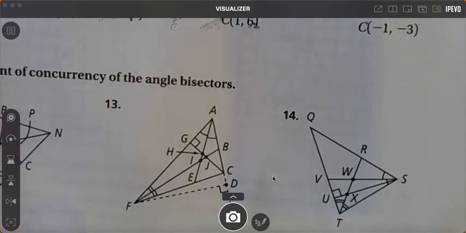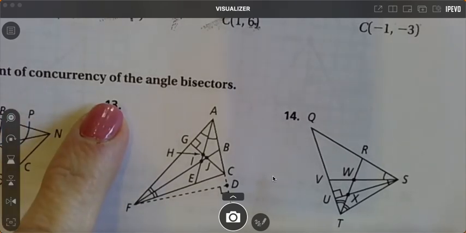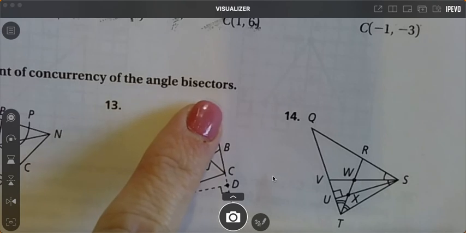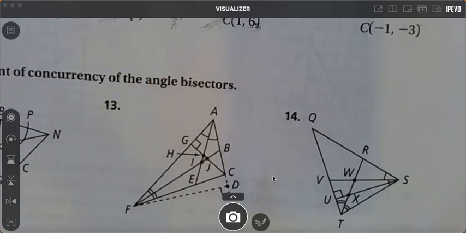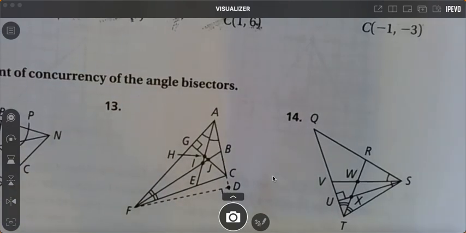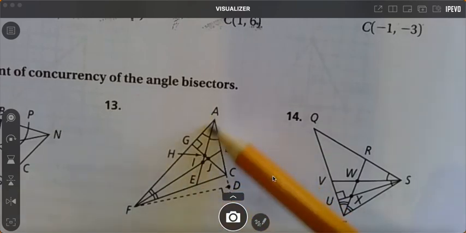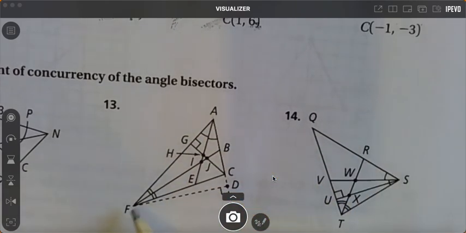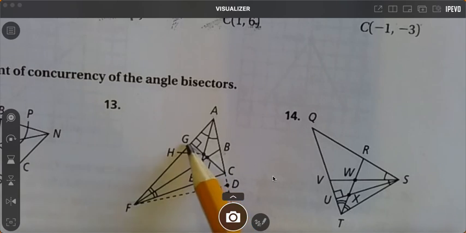Because read your directions. Name the point of concurrency of the angle bisector. Which one of those bisected an angle? Yeah, that one right there. It also looks like, does not the two lines have to touch each other? J could have, but then it needs to be where there's also this 90-degree angle. Do y'all see that?